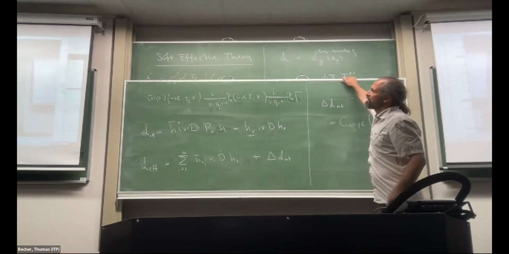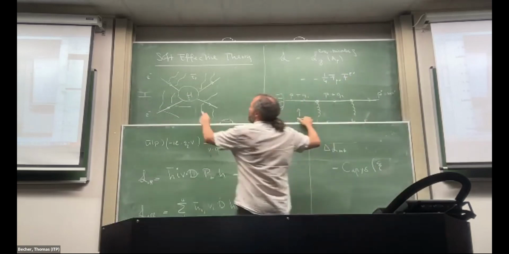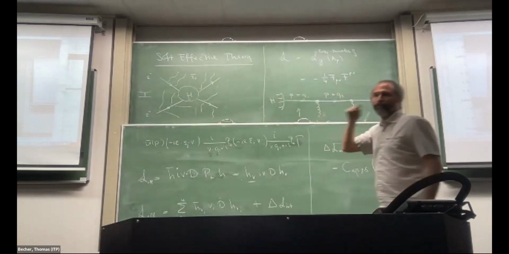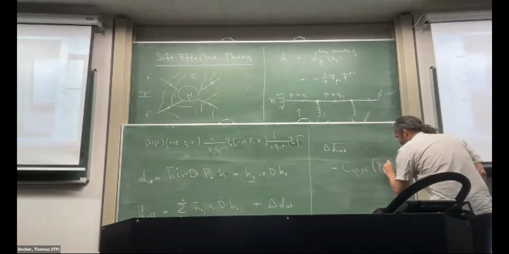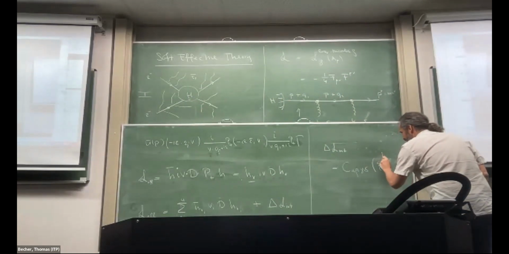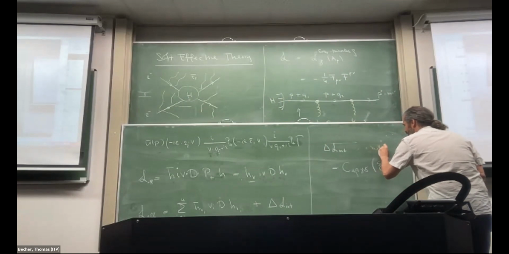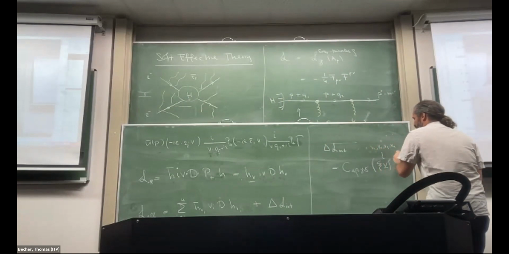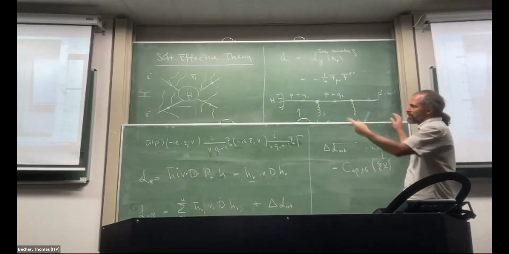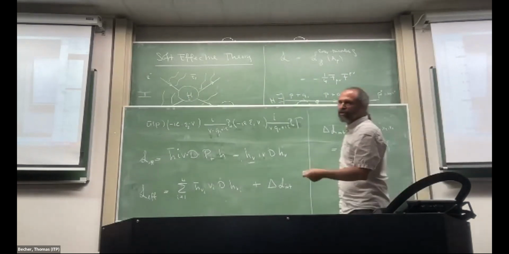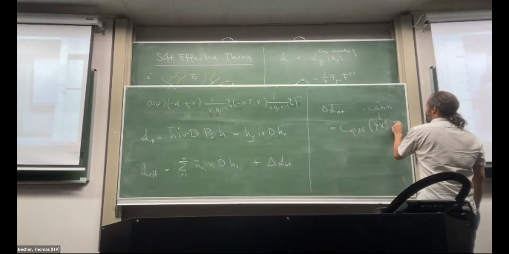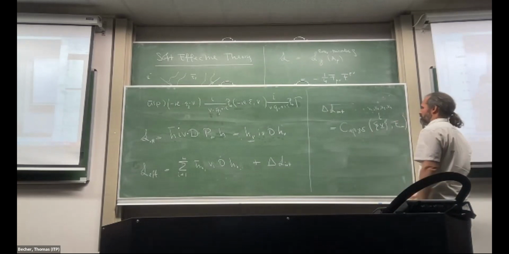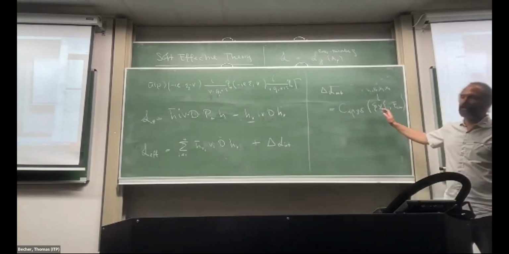Then, of course, this scattering amplitude will depend on the 4 velocities of the particles. I'll use this: V1, V2, V3, V4. And then, of course, it depends on the center of mass energy, which comes in here. And this is the only dependence.